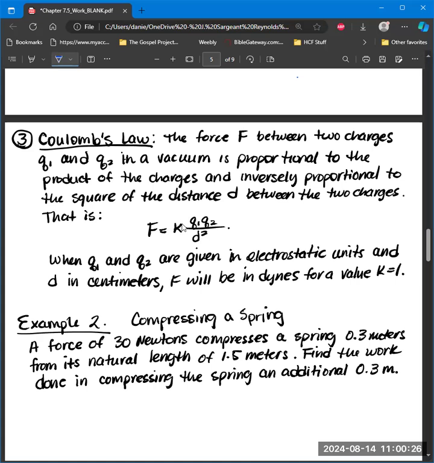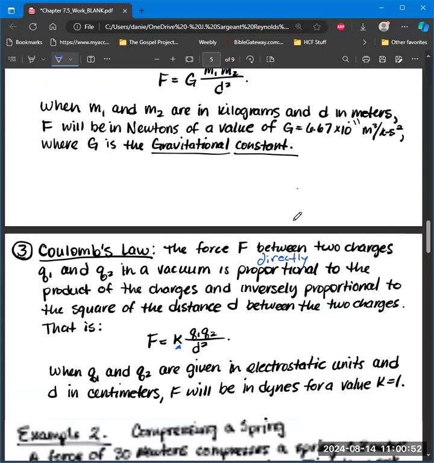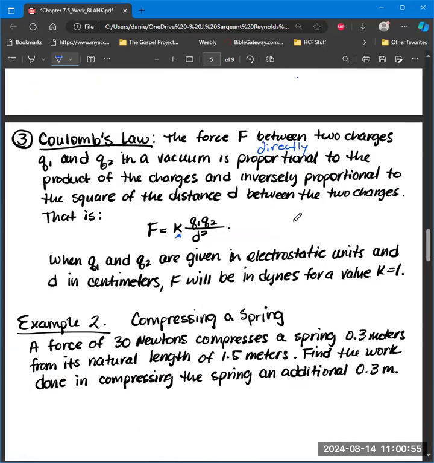The force F between two charges Q1 and Q2 in a vacuum is directly proportional to the product of the charges and inversely proportional to the square of the distance between them. It's basically the same formula, only we don't have a known constant like G, we just have K. When Q1 and Q2 are in electrostatic units and d is in centimeters, F will be in dynes for K equals 1.